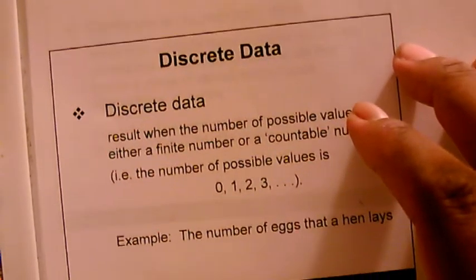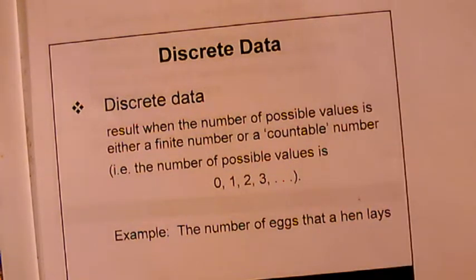Discrete data results when the number of possible values is either a finite number or a countable number. In other words, that means we can count certain items. That will be discrete data, like the number of eggs that a hen lays. That is discrete data because we can count the number of eggs that a hen lays.